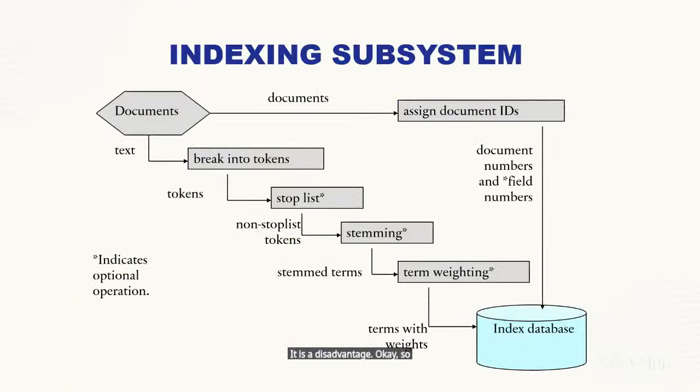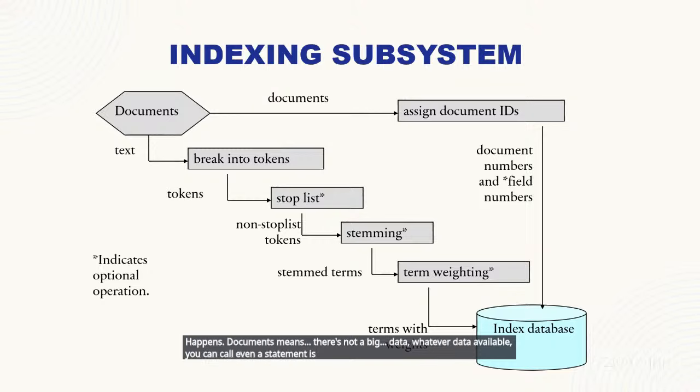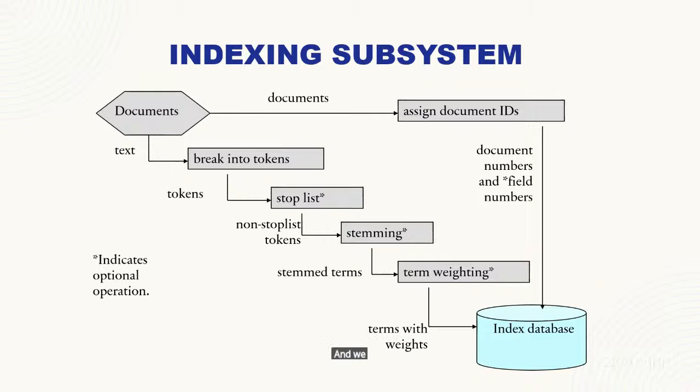Okay, so how does indexing in the subsystem happen? Documents means it is not big data. Whatever data is available, even a statement is called a document. And we are assigning each document a document ID. In parallel, we are breaking it into tokens.